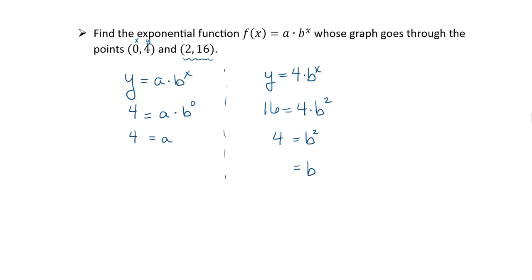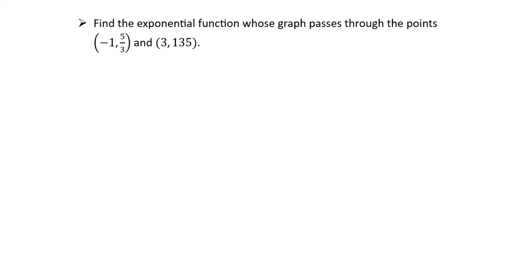I know that my base is going to have to be positive, so I'm only going to take the positive square root of 4, which is +2. This means that my function is y equals 4 times 2 to the x. Remember, we can write this as f of x equals a times b to the x as well. So f of x equals 4 times 2 to the x.